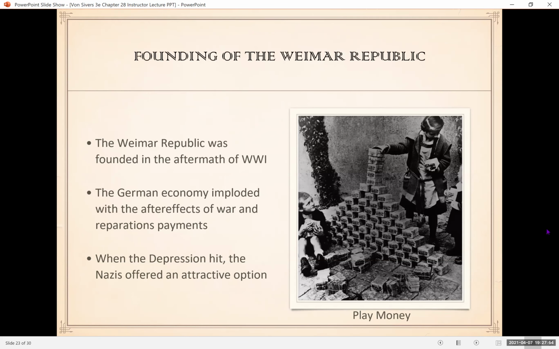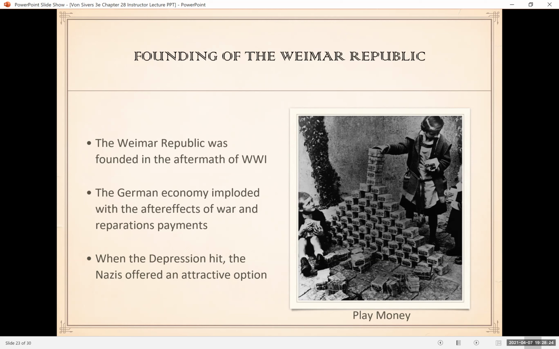But Germany is where some of the major problems will be, as you probably can expect. So at the end of World War I, when the Germans surrender, it is the generals who surrender. Kaiser Wilhelm abdicates before the peace treaty, before the armistice is signed on November 11th, 1918.